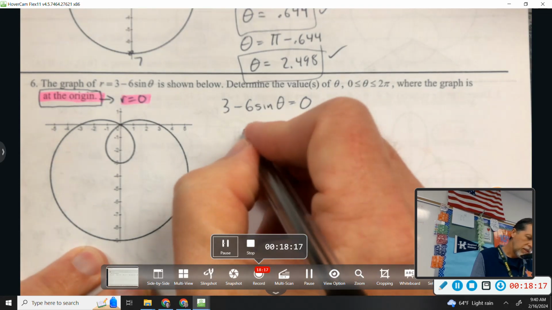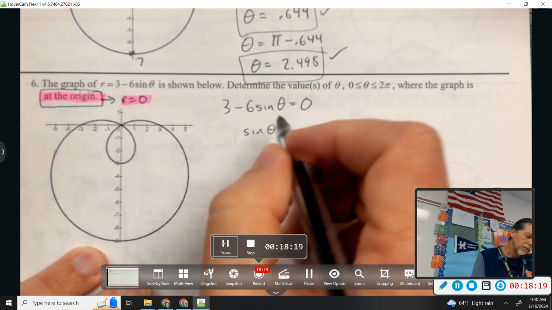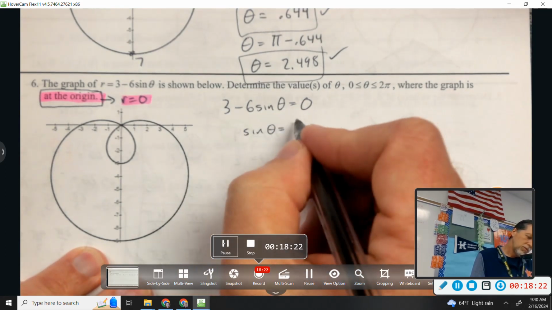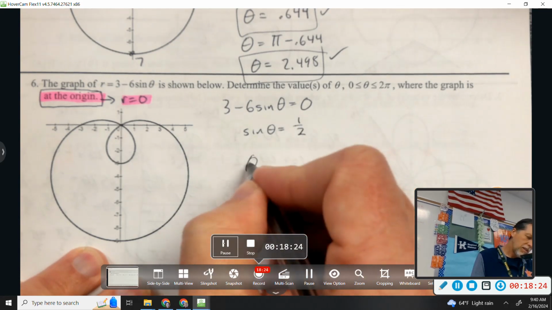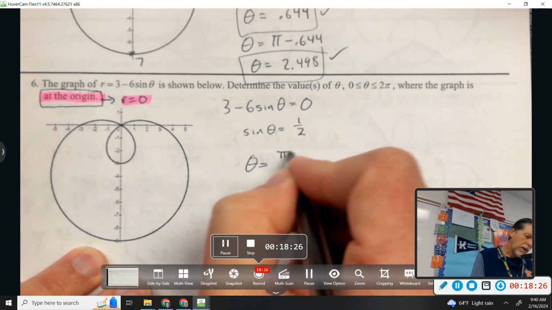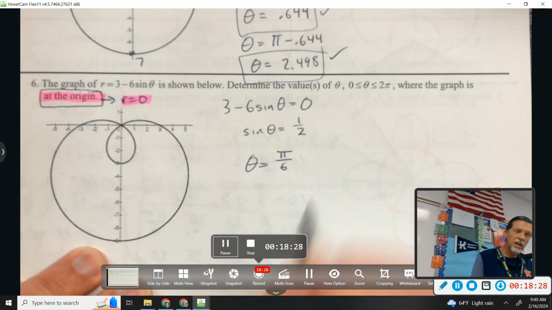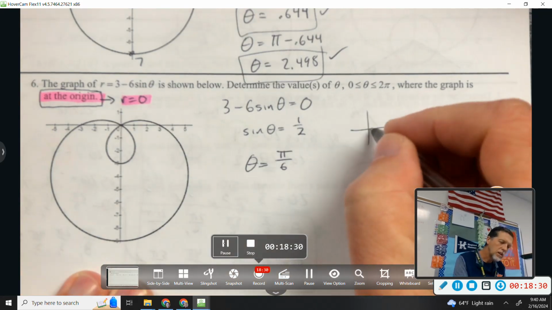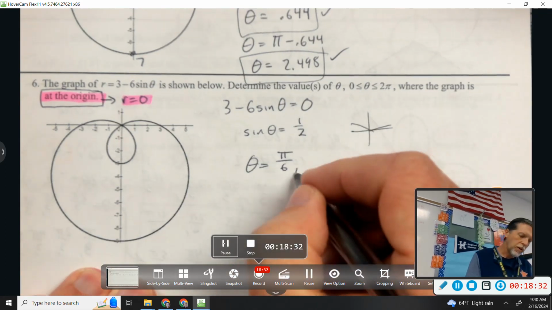So sine theta equals 1/2. So that's pi over 6 for sure. And then what's the other one? 5 pi over 6.